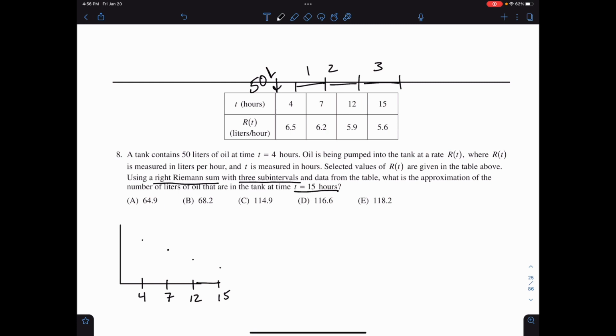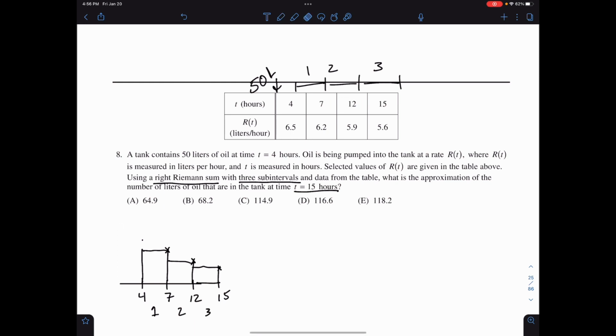Right Riemann sum means that for every subinterval, so our subintervals are one from 4 to 7, another from 7 to 12, another from 12 to 15, we use the right value of each interval for the height. So for our first box, we use the height at t equals 7. For the second one, we use the height at t equals 12. And for the third one, we use the height at t equals 15.